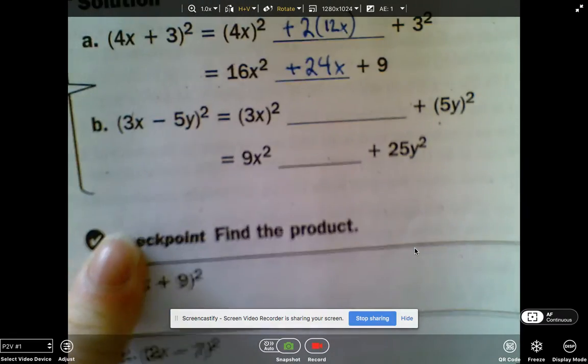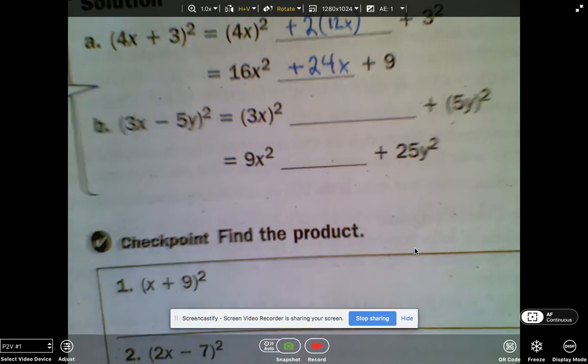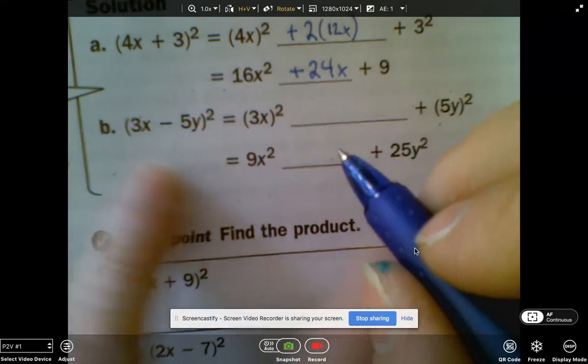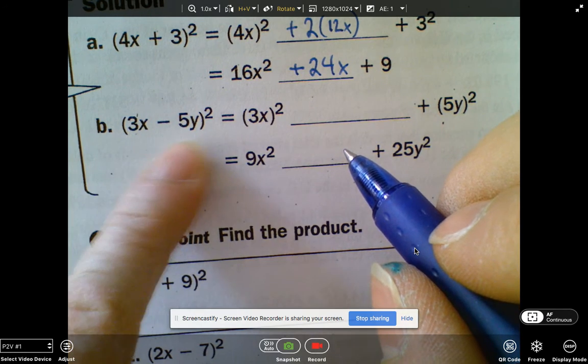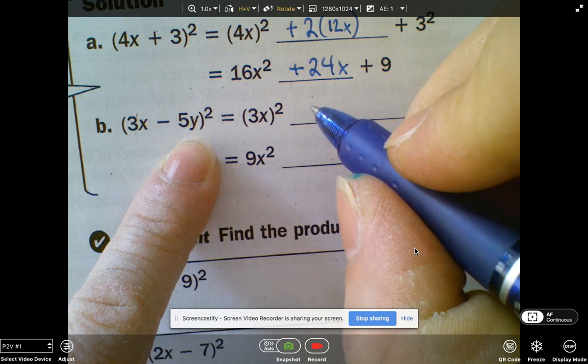Let's try the next one. Why don't I pause the video for a second, see if you're catching on. See if you can do this one by yourself or with a partner. All right, so let's see what you did there. To get the middle term, 3x times negative 5y. This is going to get a little tricky.